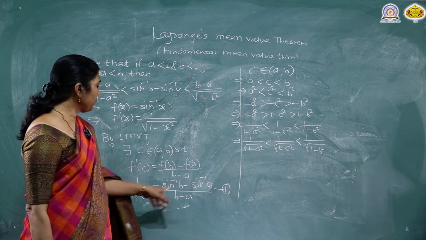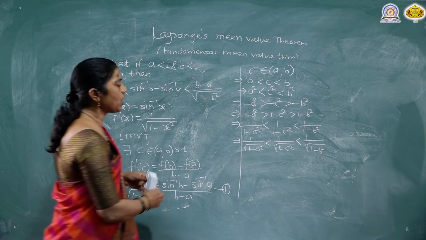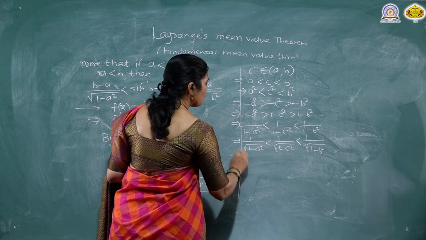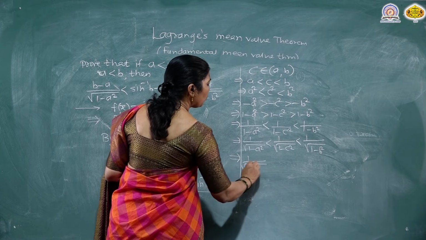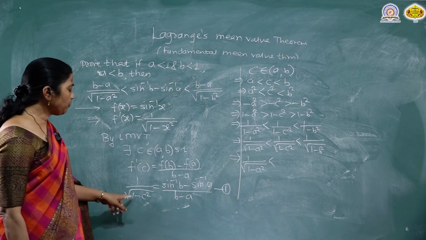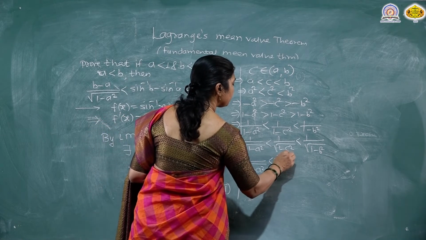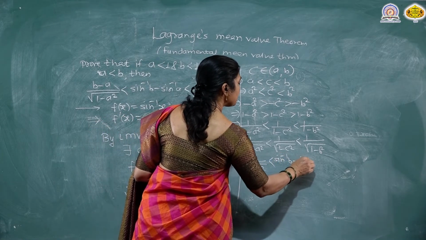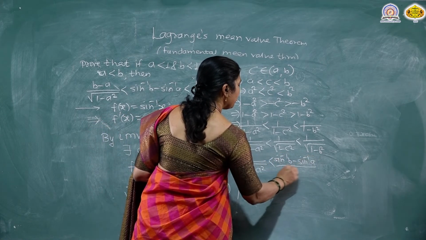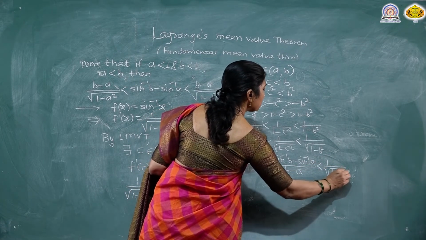But observe, by (1) we know the value of 1 upon root of (1 minus c square). So put that value here. So by (1) we get 1 upon root of (1 minus a square) is less than the value of 1 upon root of (1 minus c square), which is nothing but (sin inverse b minus sin inverse a) upon (b minus a), and it is less than 1 upon root of (1 minus b square).